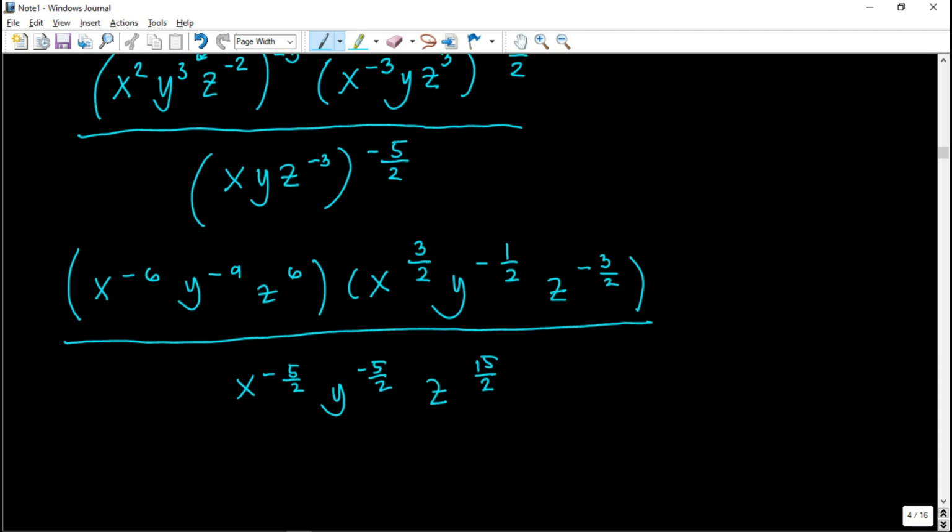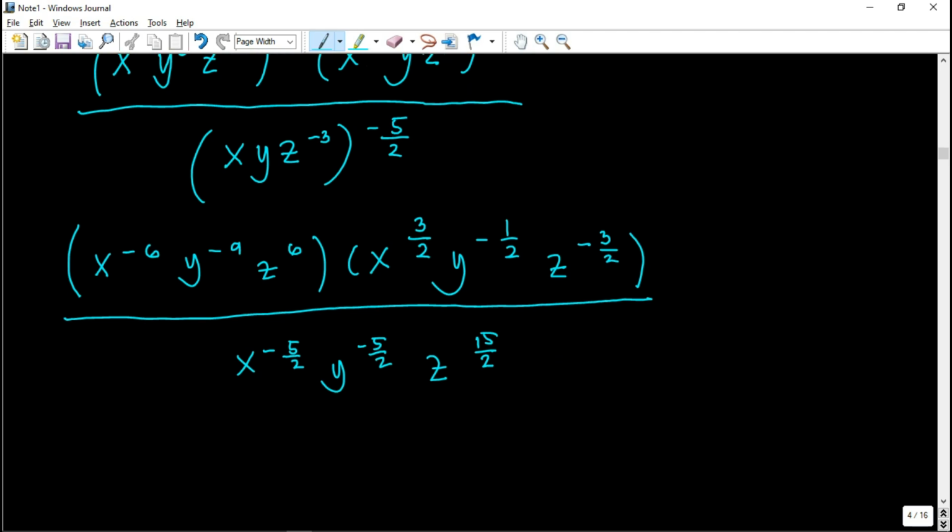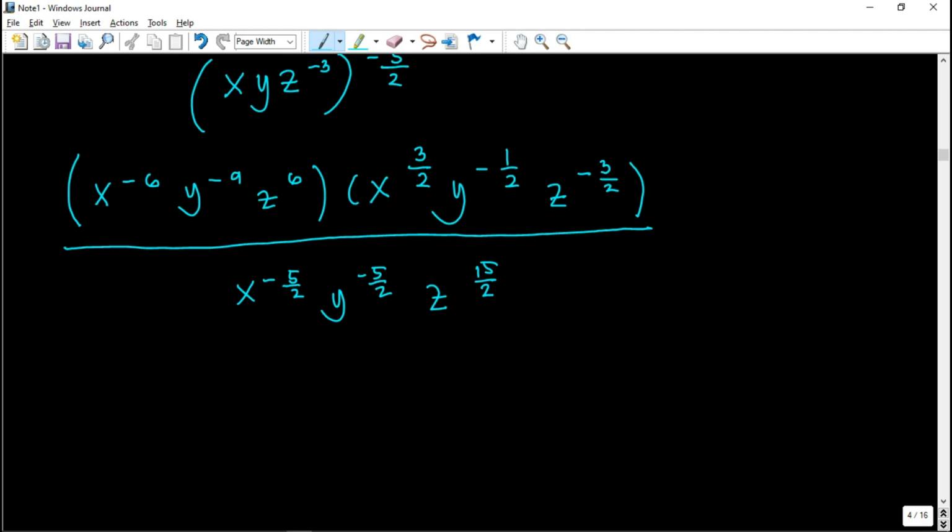Now let's go to this numerator again. In this multiplication, when multiplying the same base with different exponents, we just add the exponents. So for x, that is x raised to negative 6 plus 3/2. For y, we have negative 9 plus negative 1/2.